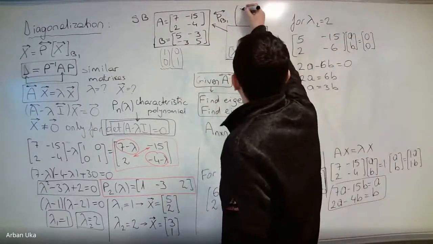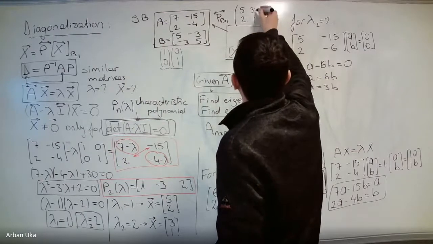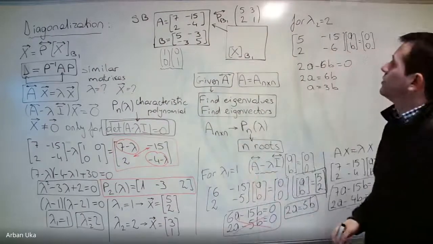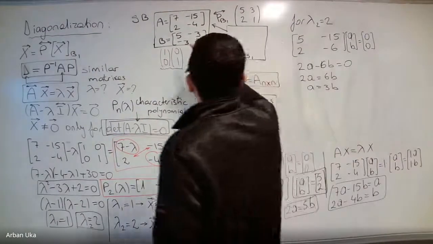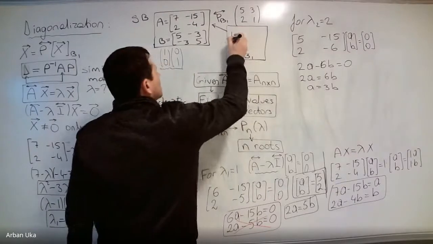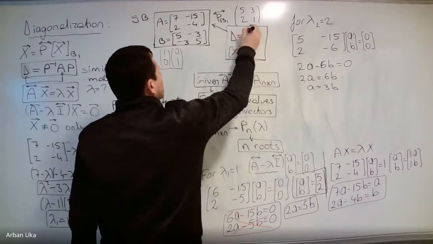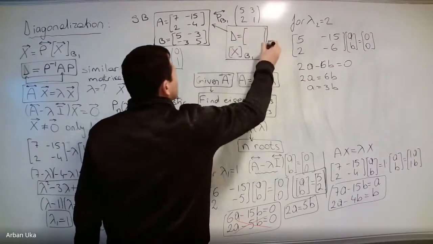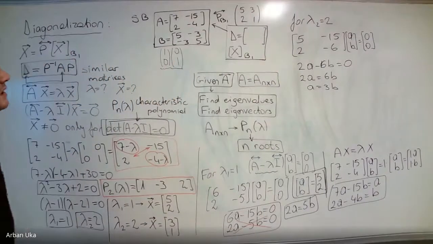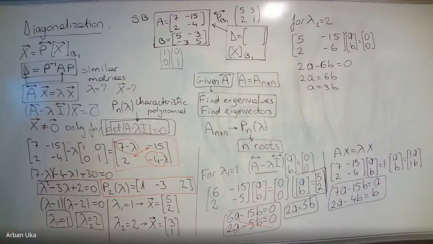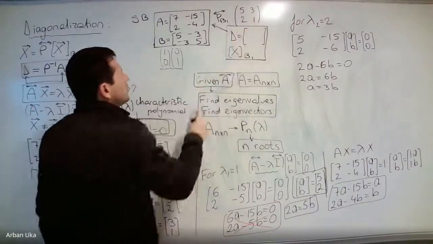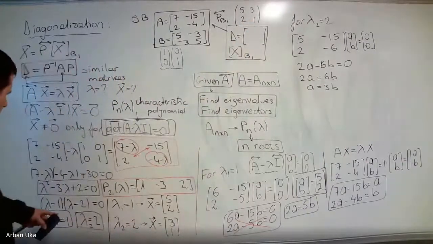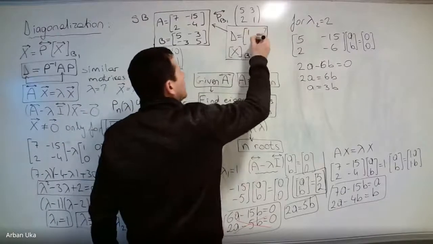So this constitutes also the matrix which diagonalizes the matrix A. And the question is, how is A projected here? If you remember from the last session, the matrix A, when we project it in the new basis composed of these two vectors, is going to be a diagonal matrix with the diagonals as 1 and 2.